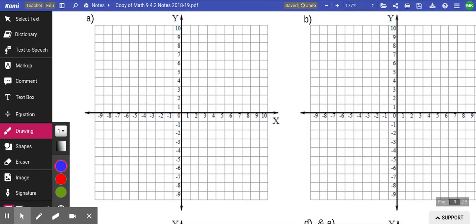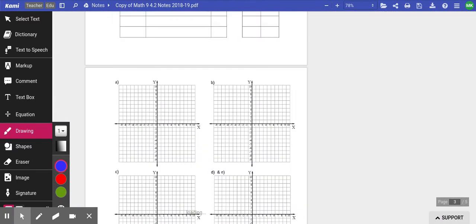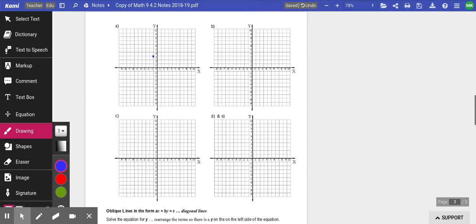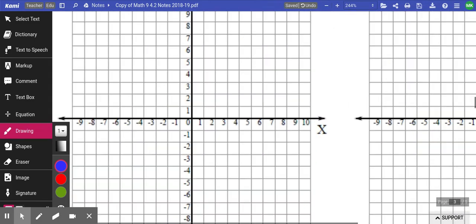-1, 3 would be right there. Zero, 4, 1, 5, 2, 6. Here's 4 of them, right? I got all 4? Perfect.